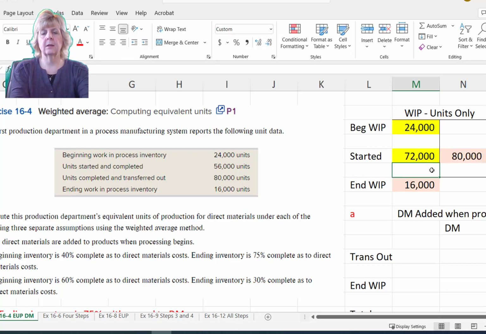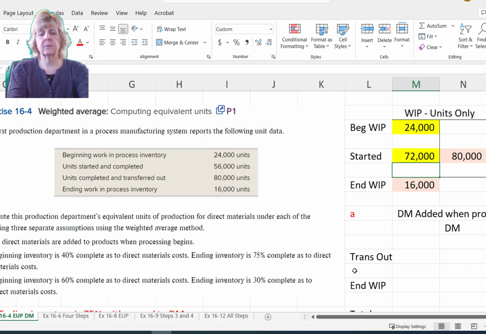So once again, the sum of the yellow must equal the sum of the orange. Why? The units that came to us during a period of time have to be accounted for one way or the other, either as being finished, which means transferred out to another department, or they're still hanging around here waiting to be finished.